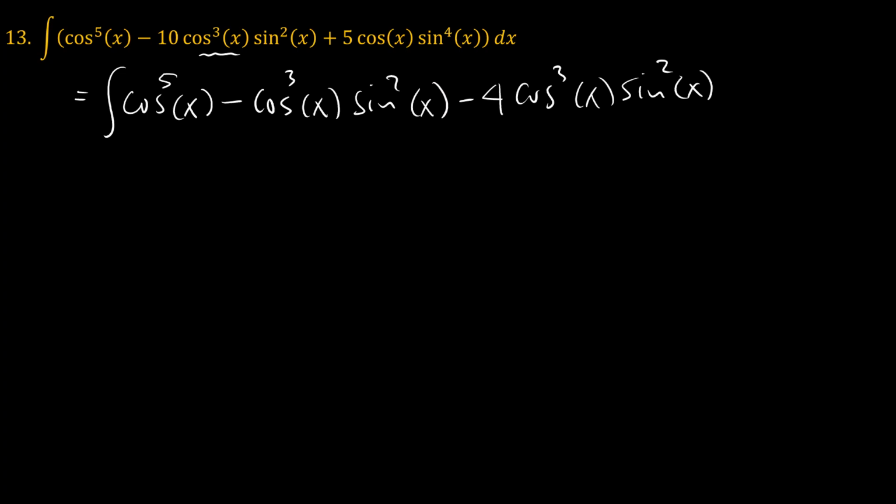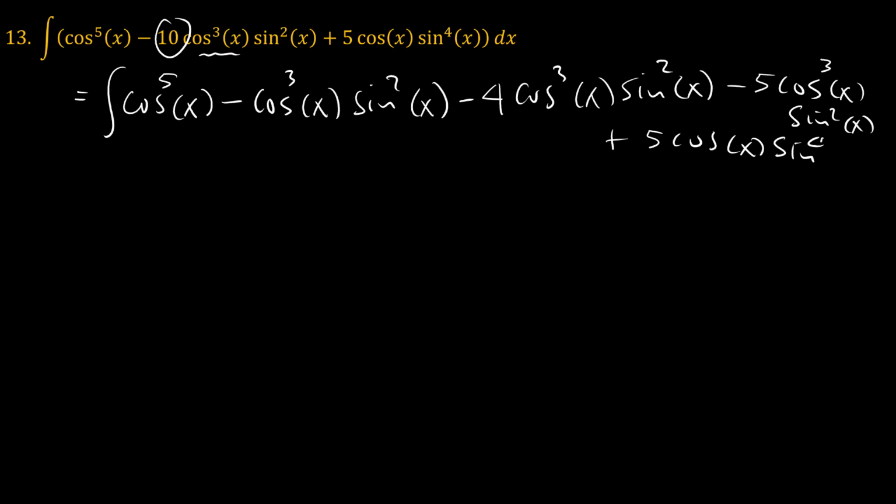And then we have -1, -4, and then we have -5, and all of that comes to this -10 times sine squared x, and this is plus 5 cosine of x sine to the power 4 of x.